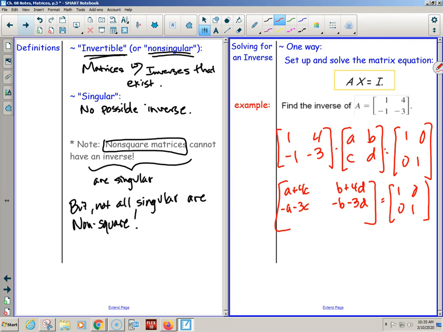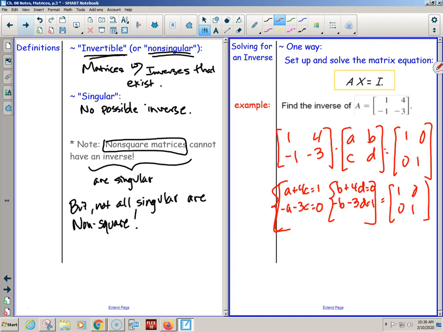Come on, be good math students. If you know that is equal to this, what deduction can you make, or how can you proceed forward? Can't I make a little baby system of equations? Say you have to be 1 and you have to be 0, and oh, by the way, you have to be 0 and you have to be 1. Now all of a sudden, are we in chapter 7 again with systems of equations?